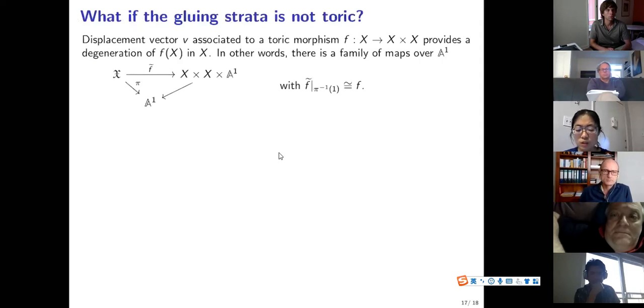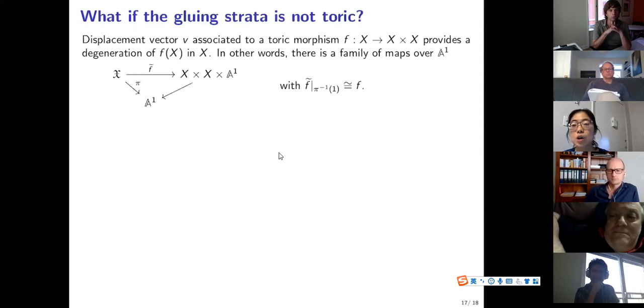The natural next question is to ask: what if the gluing strata is not toric?